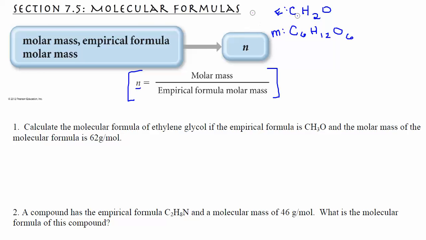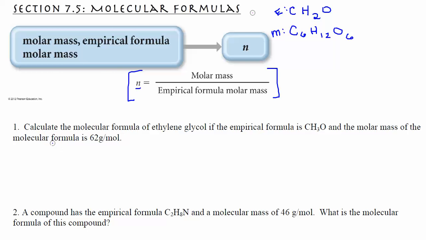So to go from this empirical formula to this molecular formula, you should be able to tell that the integer N for this is 6. Because to go from here to here, you multiply by 6, here to here, multiply by 6, here to here, multiply by 6.